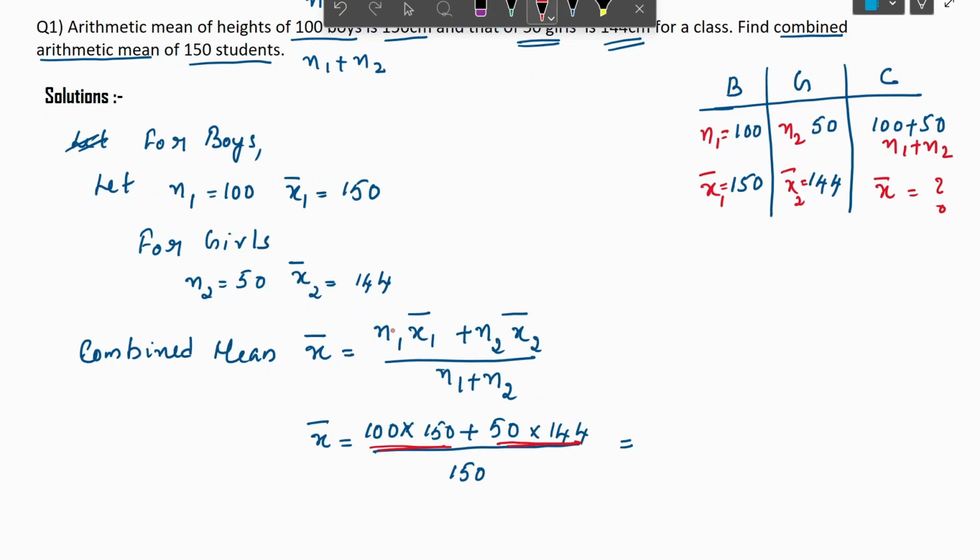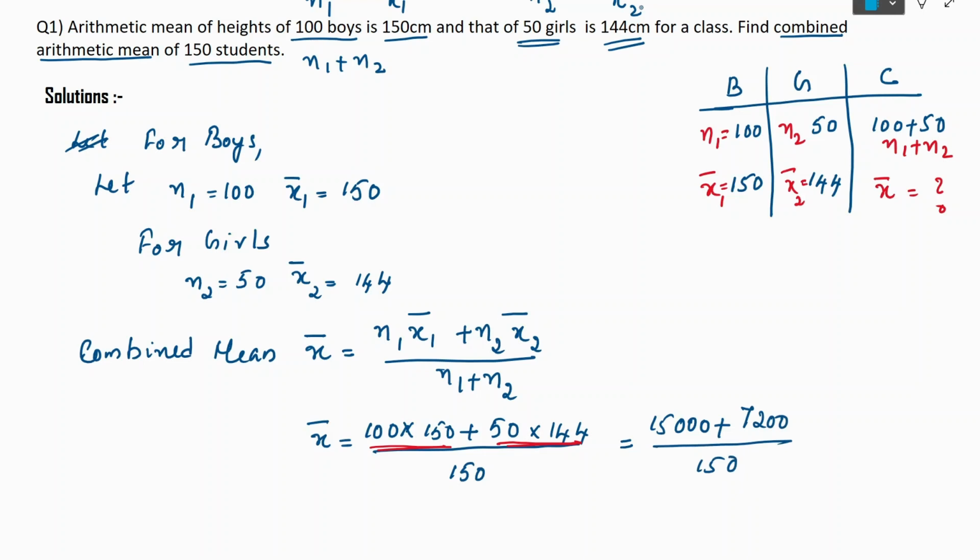Make sure that you are not doing it with a mobile phone. Now calculate: 15,000 plus 50 into 144, which is 7,200, whole divided by 150. Add these two values and divide by 150.